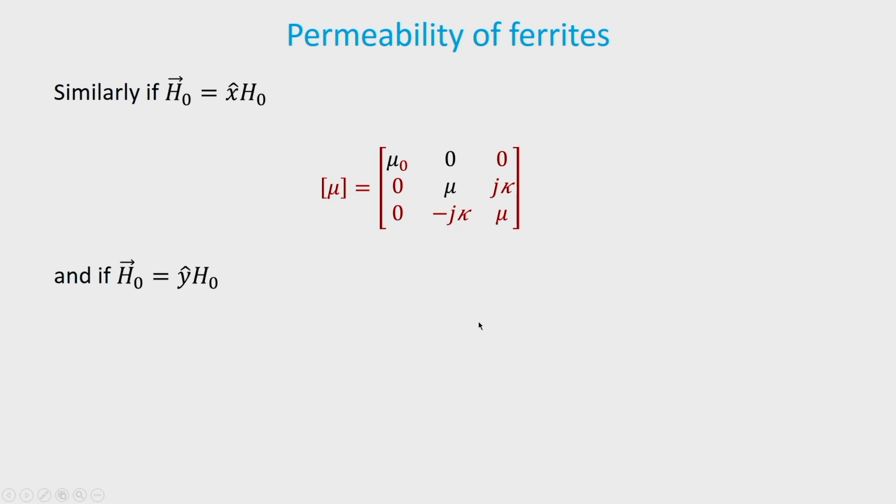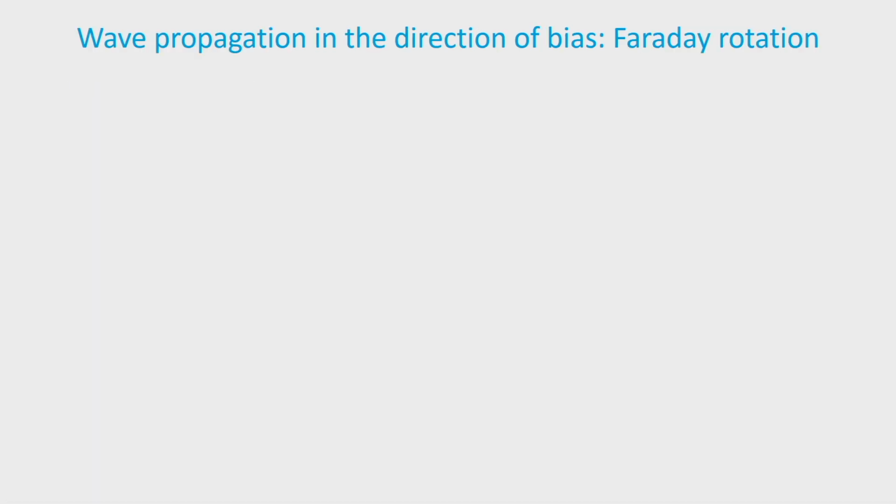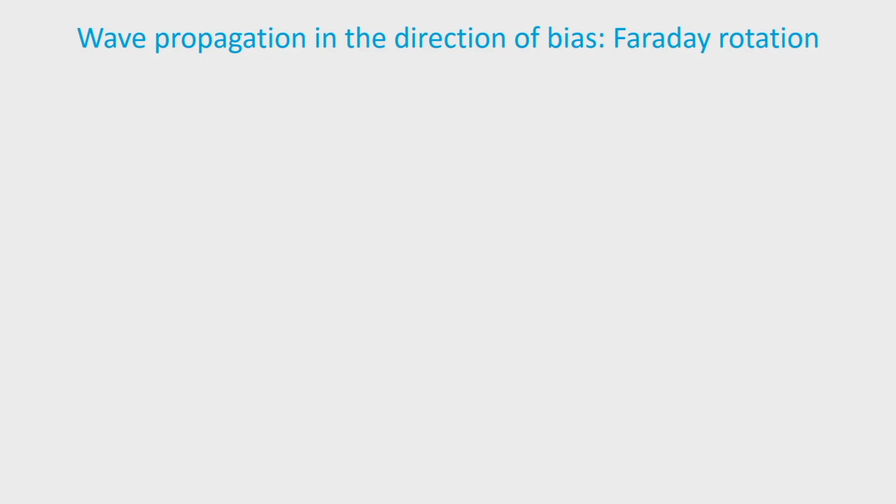Similarly, we can apply this biasing field also along the y direction, and we get the corresponding permeability tensor as shown. Let us now consider wave propagation in the direction of bias, which gives rise to Faraday rotation.